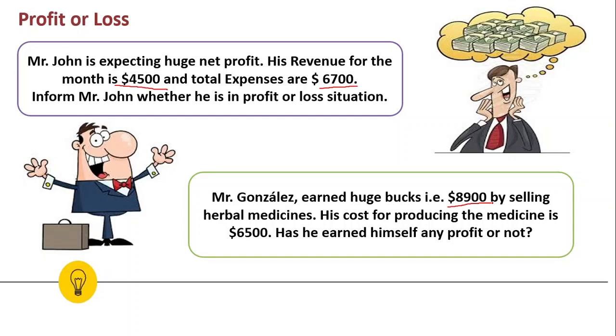So if you subtract all these costs of 6,500 from his revenue, you'll get to know whether he's in profit or loss. So again, we can clearly say that his revenue is greater than his cost or his expenses, he is in profit. Fine. So this was the situation where Mr. Gonzalez is basically having a profit.